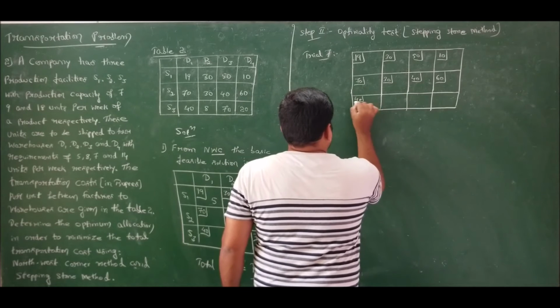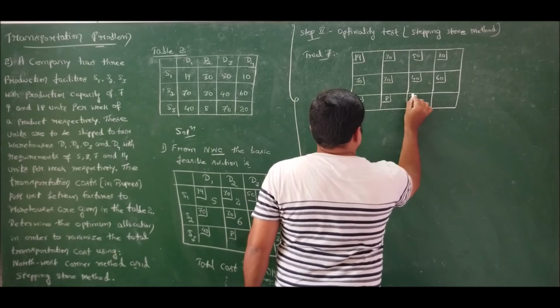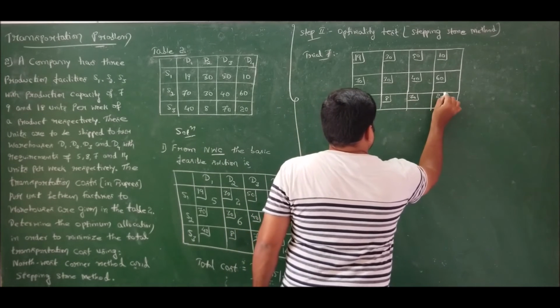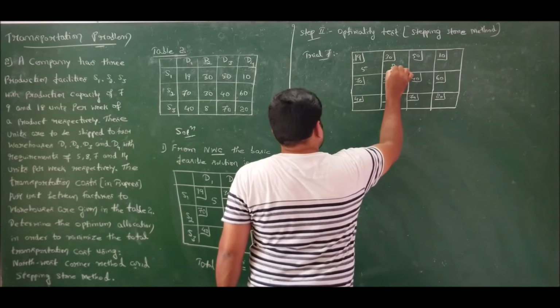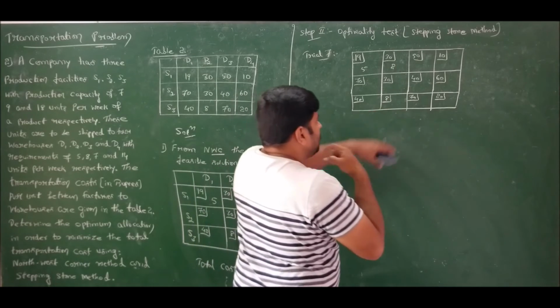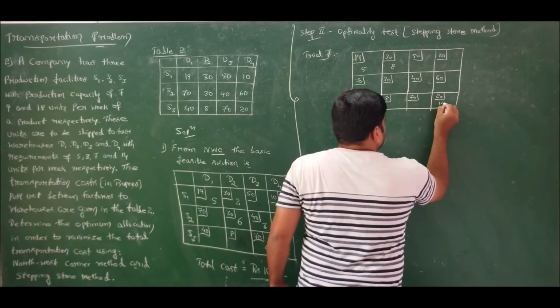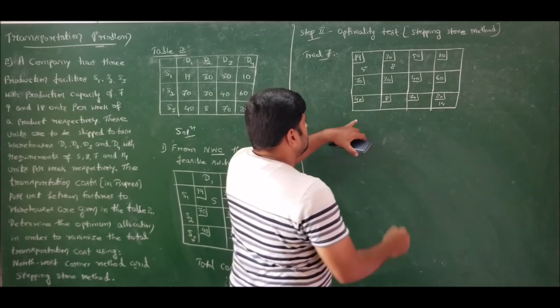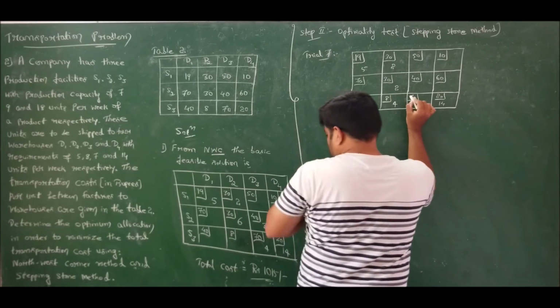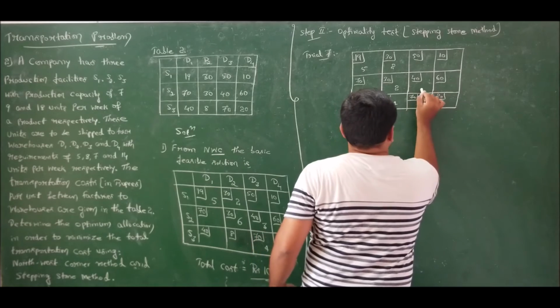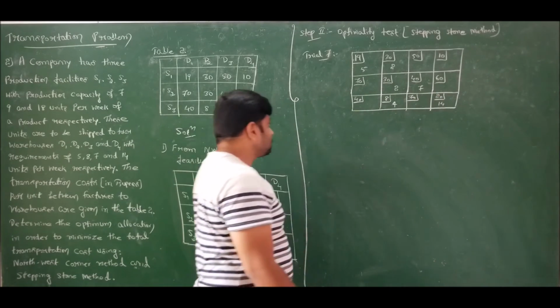So we have 40, 8, 70 and 20. The allocations are 5, 2. Here we found optimality with 721 rupees, here we have given it as 4. So this has become 2, correct, and this has become 7, right?